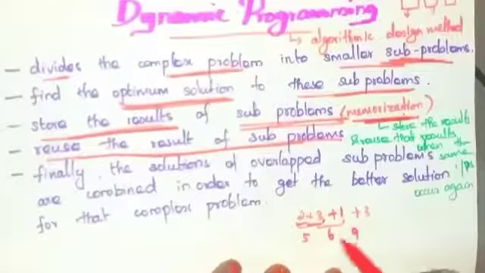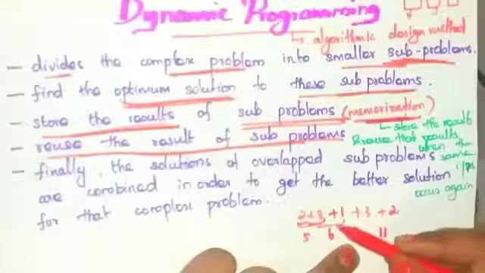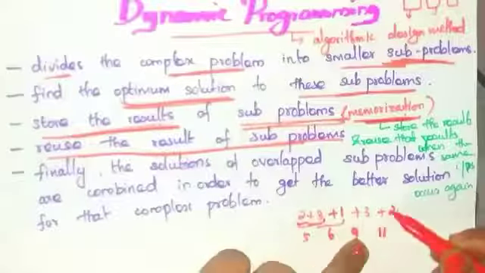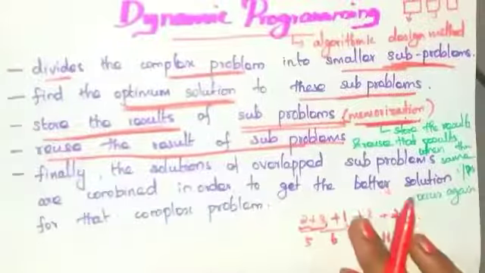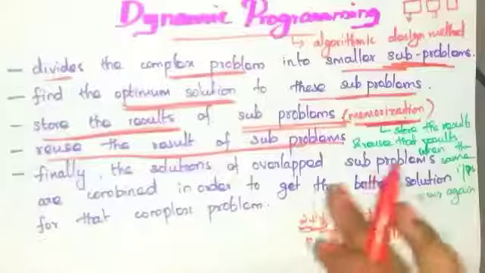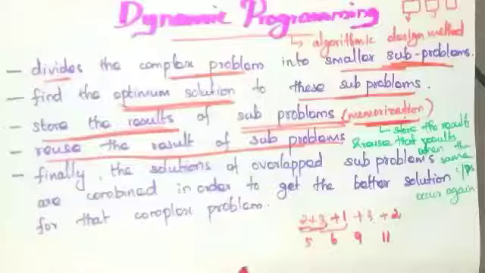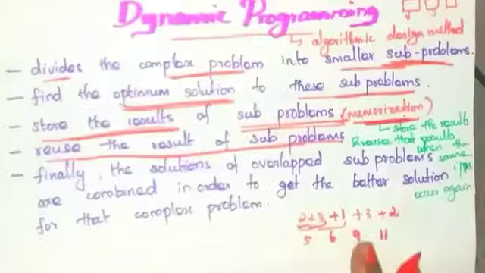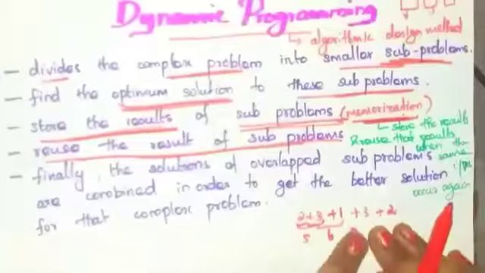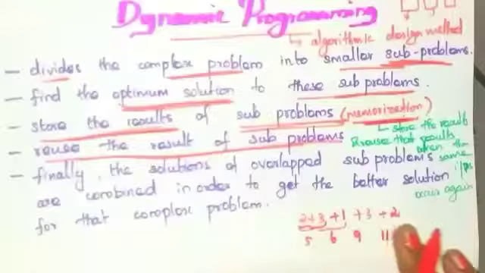But if you store these values, this calculation is easy because you take the stored results of previous subproblems and add the new value. If you do not store these results, then you have to recompute the same subproblems again and again.